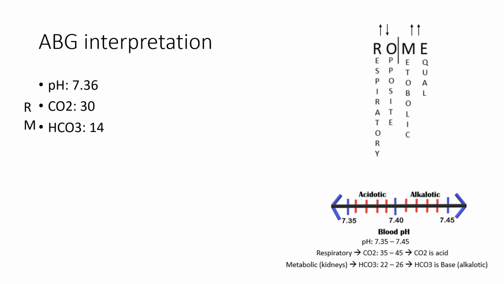All right, so looking at this ABG, we have a pH of 7.36. So this is normal. Our CO2, our respiratory value, is 30. So that is low.